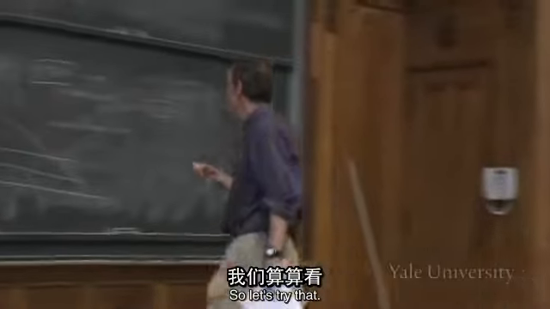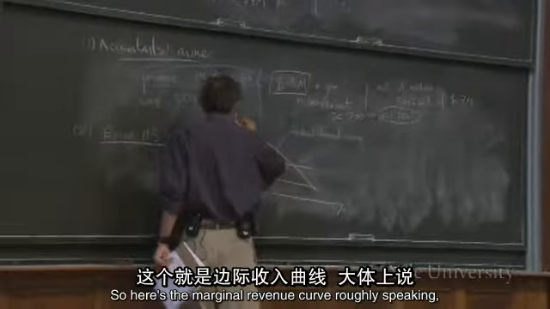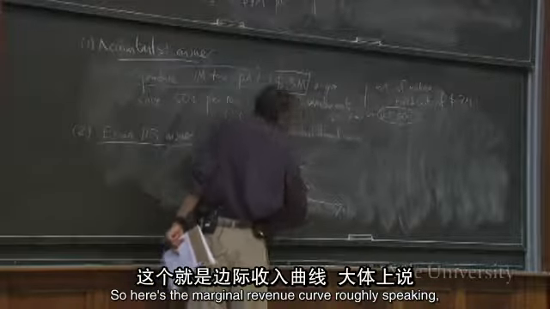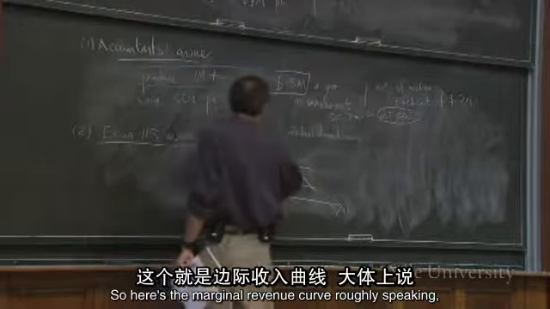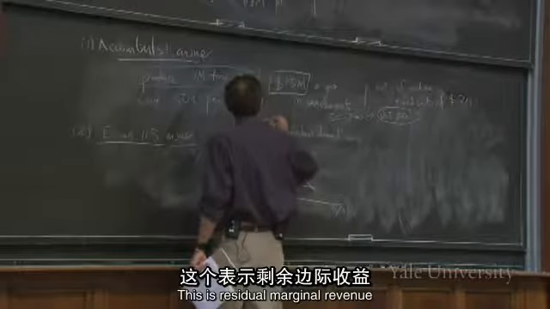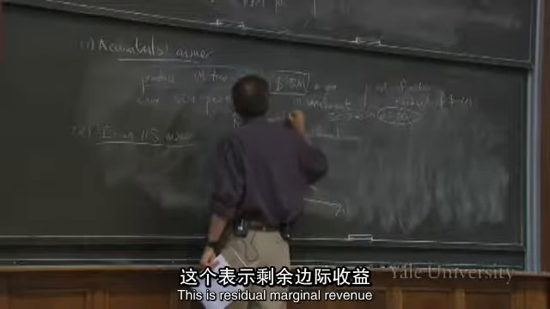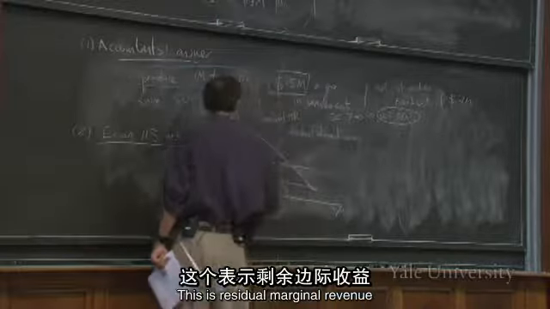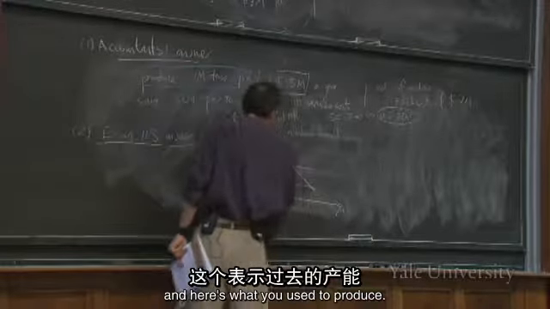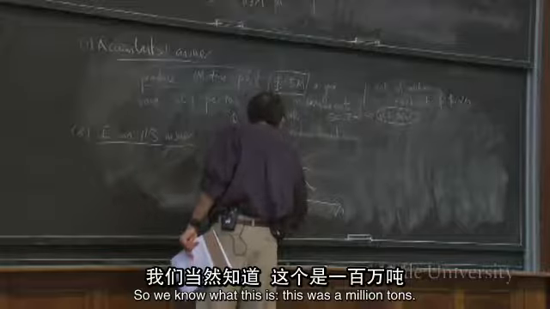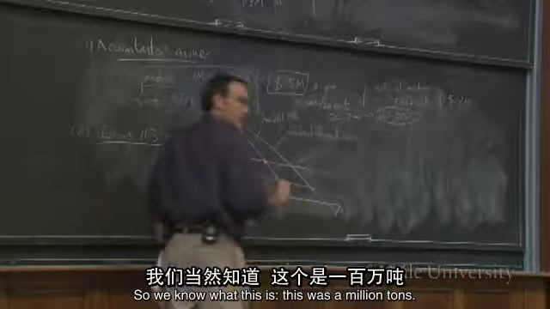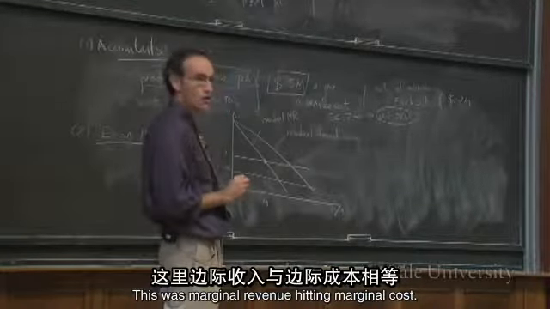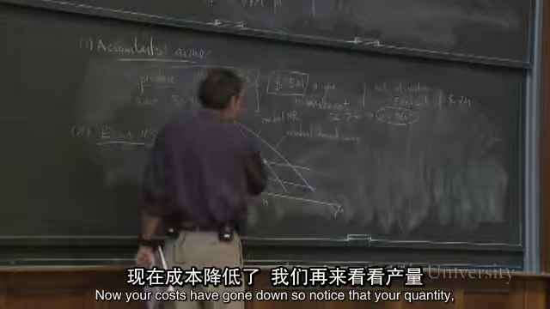So let's try that. So here's the marginal revenue curve. Roughly speaking, it should be twice as steep. This is residual marginal revenue. And here's what you used to produce. We know what this is. This was 1 million tons. This was marginal revenue hitting marginal cost. Now your costs have gone down.